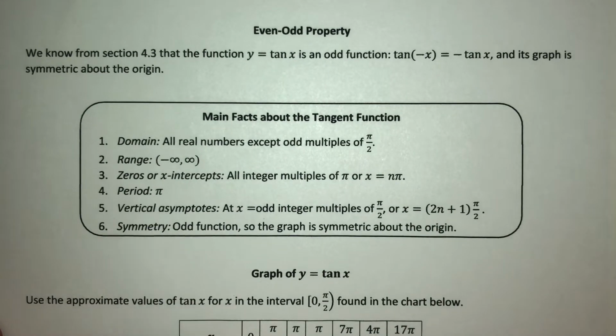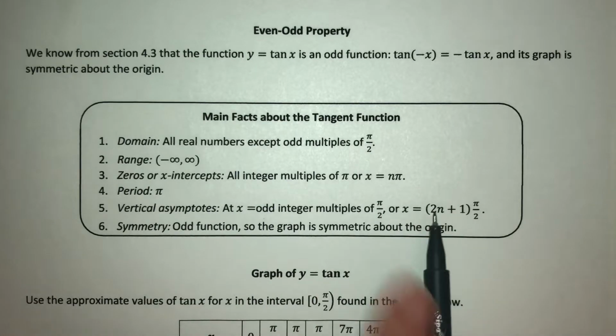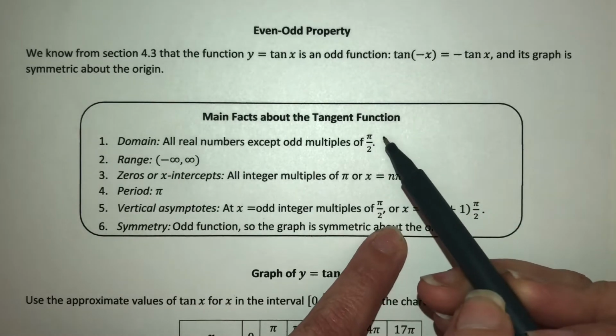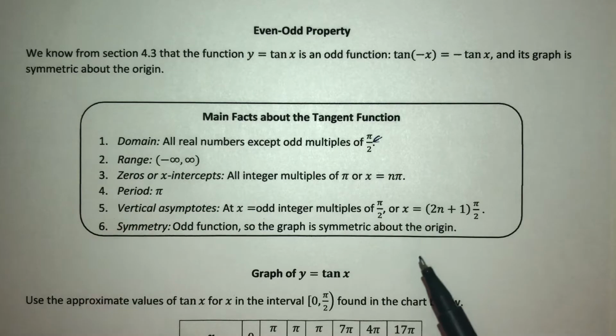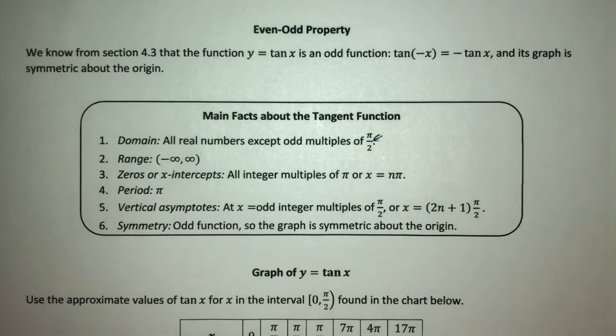Our period is pi. We have vertical asymptotes at x equal to odd integer multiples of pi over 2, which is this, and that's actually saying the same thing as right here. Everywhere this doesn't exist, we're going to have a vertical asymptote. And it's an odd function, so we have origin symmetry.